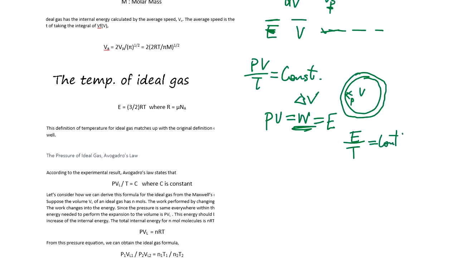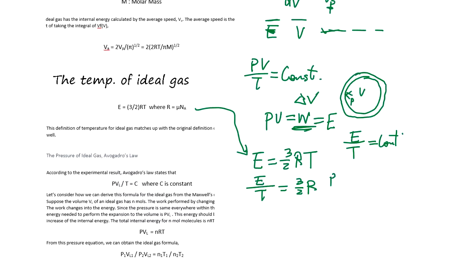From the distribution, we have E equals 3 over 2 gas constant T. So energy over T is constant. This R is the Avogadro number times the Boltzmann constant, right?